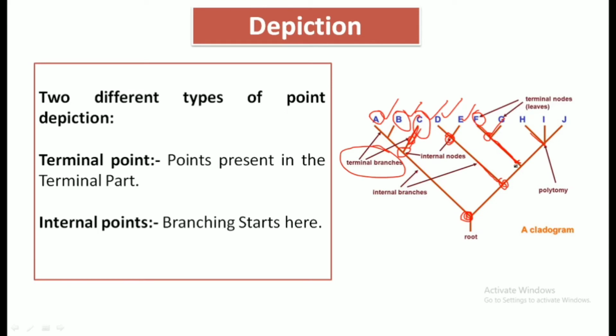Basically these two organisms are mostly related from this one, while distantly related to this other one. Suppose if we have Z here and Y organism here, then Z is more related to D and E, while Z is less related to F and G.